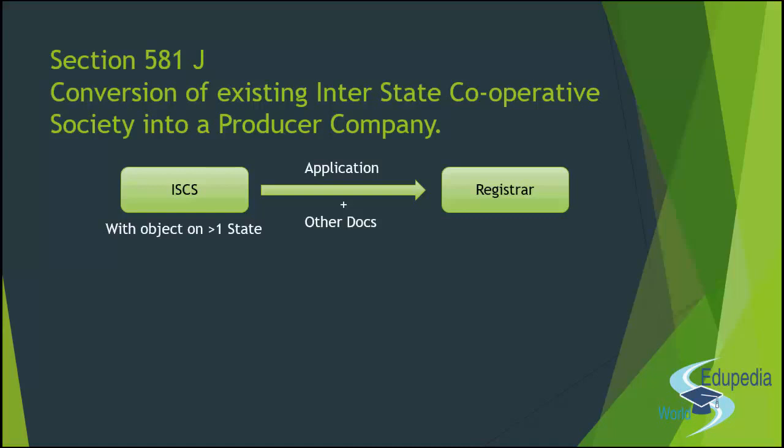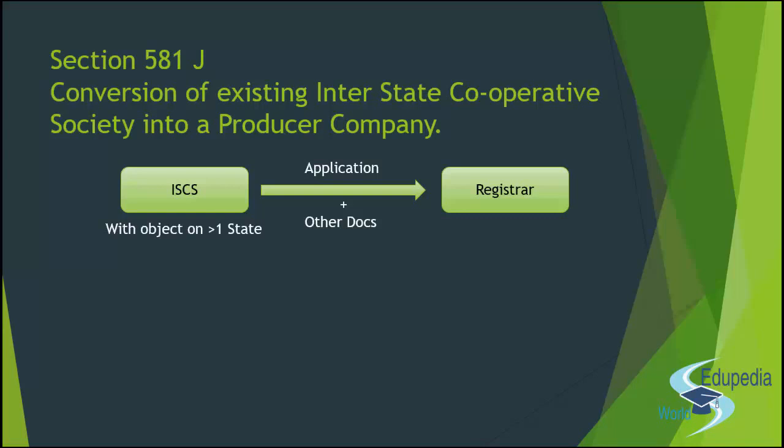Once the registrar gets this application and the documents, it is on the registrar to go ahead and verify. Once it is convinced that the conversion is legally possible, it will go ahead and register the producer company.